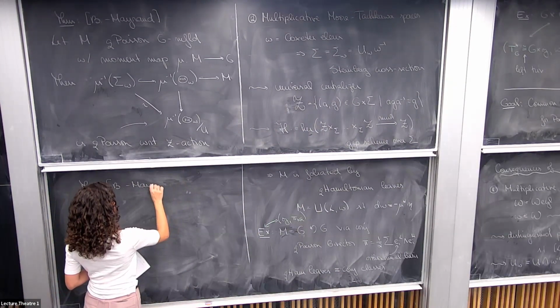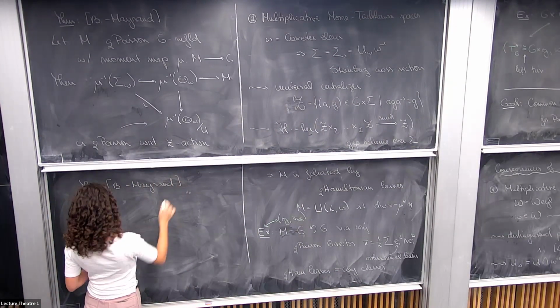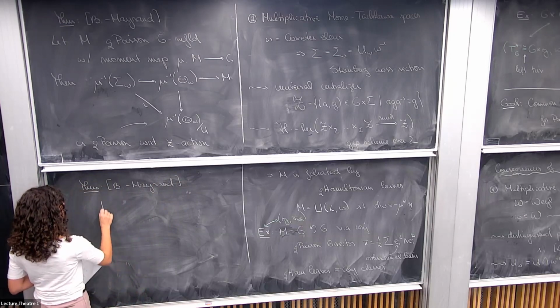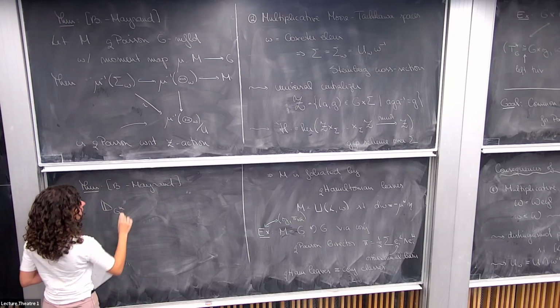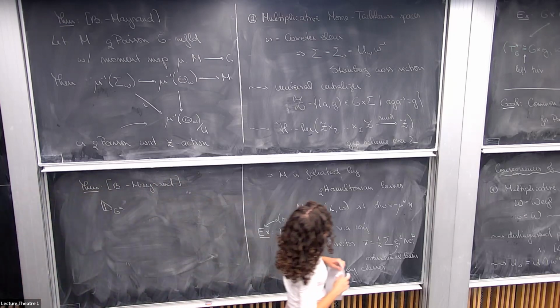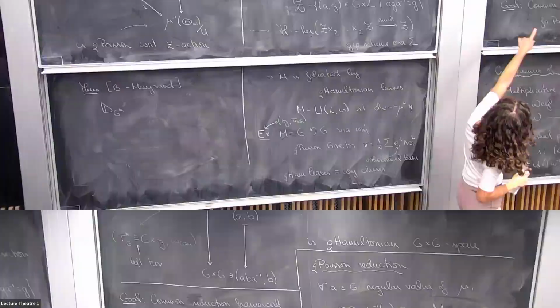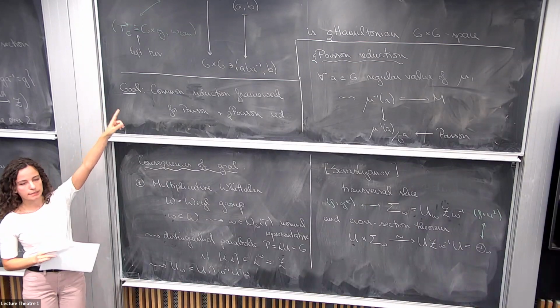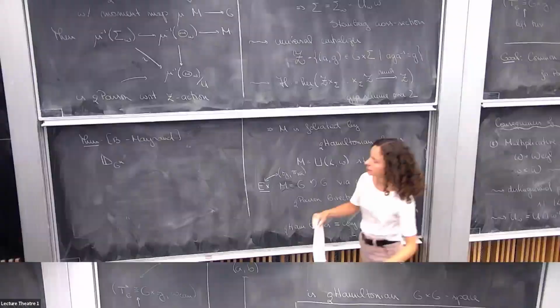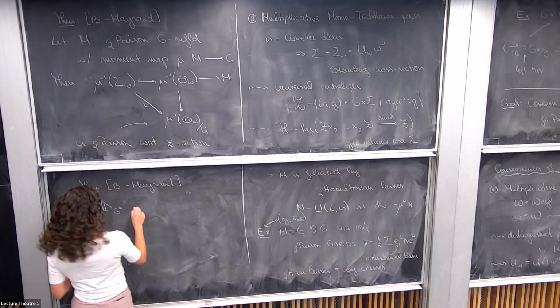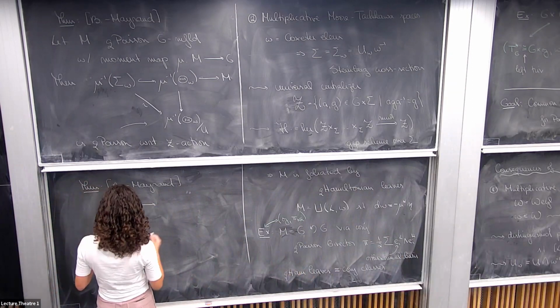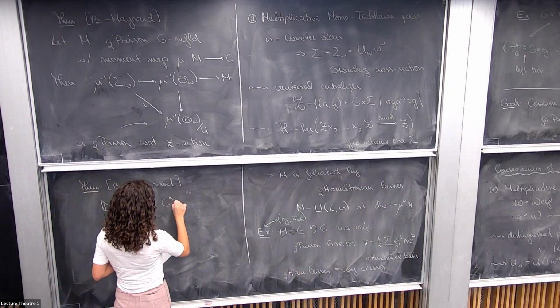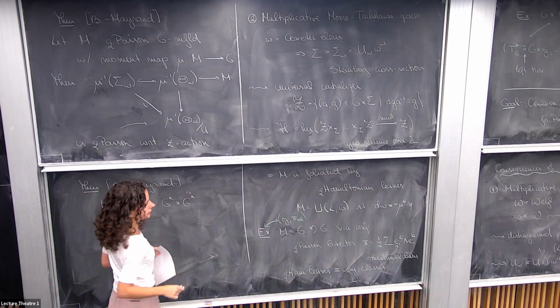So with this data, we can do the following reduction. We can look at the internal fusion double. So in this example, I now replace G by G to the n. This is a groupoid analog of the cotangent bundle of G to the n. So it will have a group-valued moment map that lands inside G to the n cross G to the n.